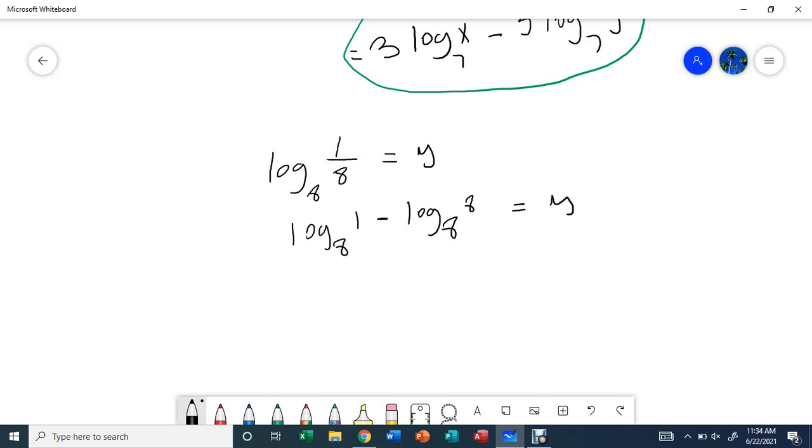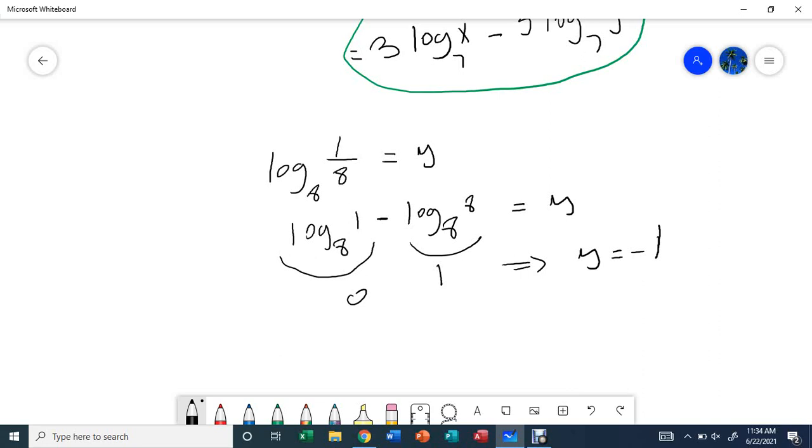And remember, log of 1 is always 0. And log base 8 of 8 is 1. So you get here y equals negative 1.